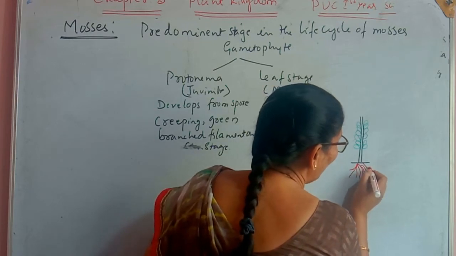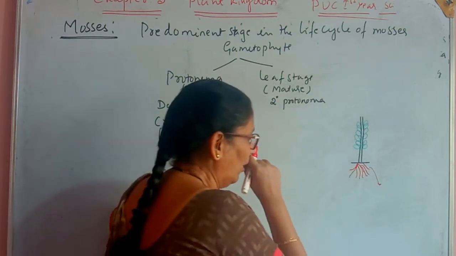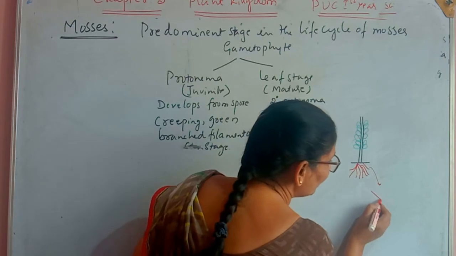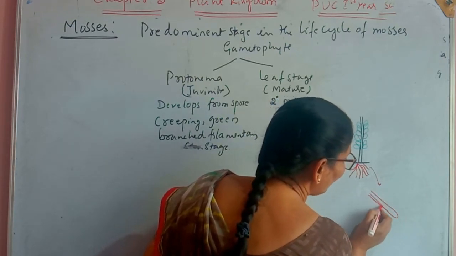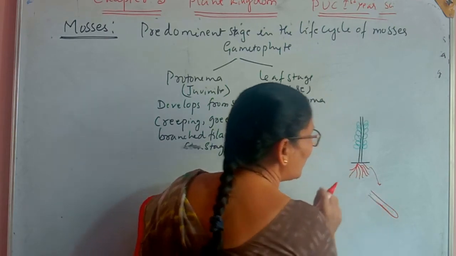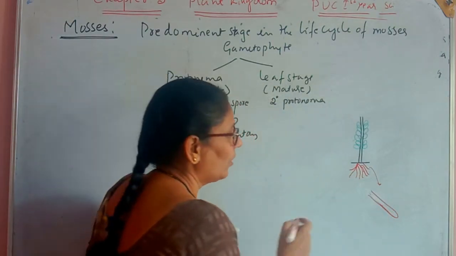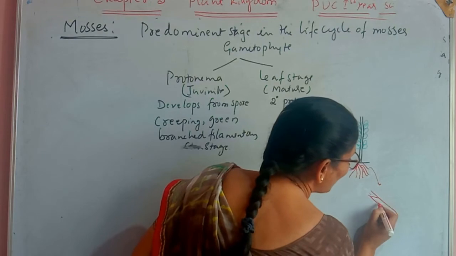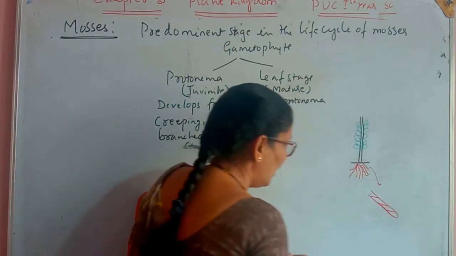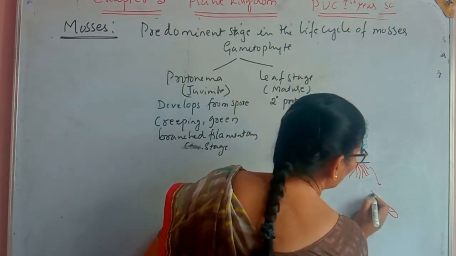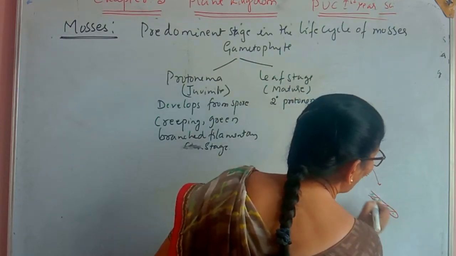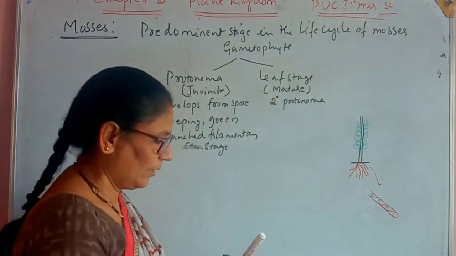I will enlarge the structure. This is the enlarged structure of a rhizoid, which has oblique septa. In each compartment there is a nucleus. That's why these are called multicellular.